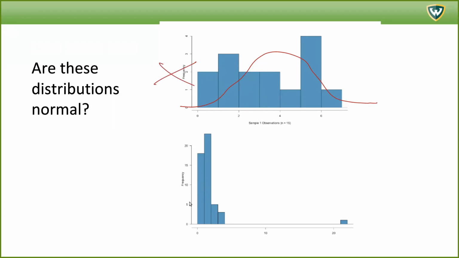And this one does approach one side of the normal distribution, but this outlier here seems very extreme, and the distribution doesn't seem complete on this side either. So I would say these don't really look normal, and these are the kind of visual tests we want to do to see if our sample is at least approaching normality. So that's it, and next we'll continue with the t distribution.